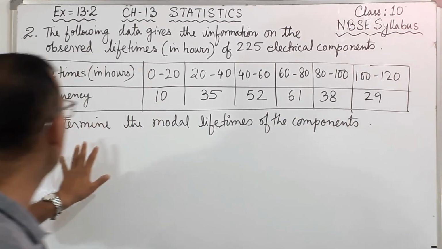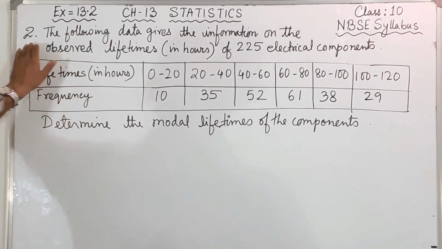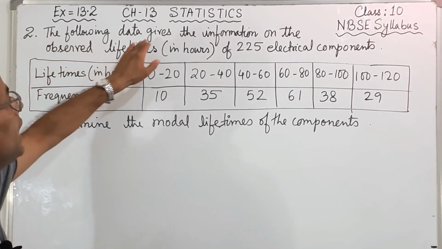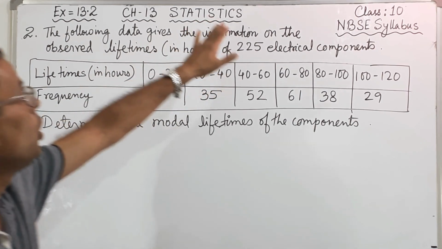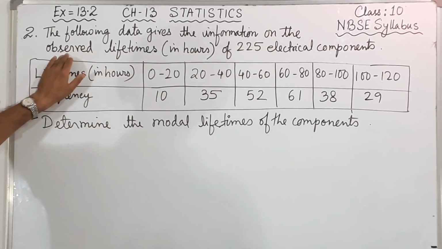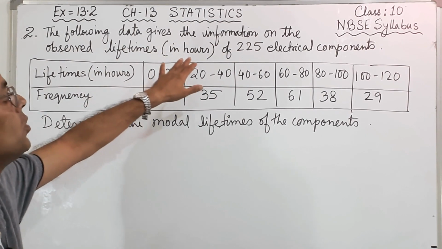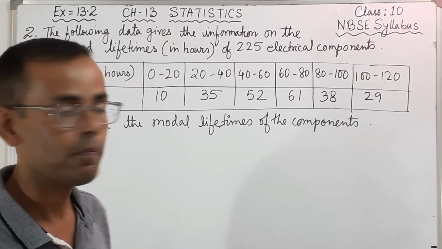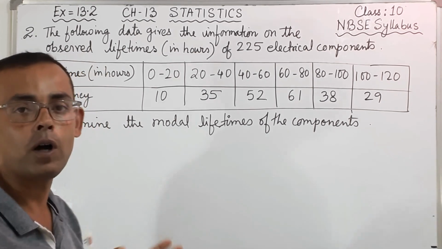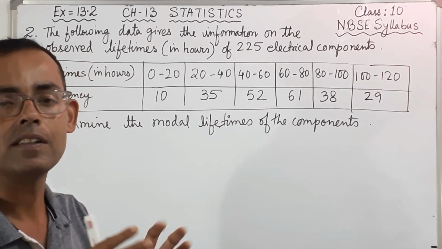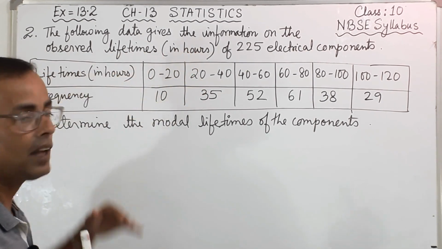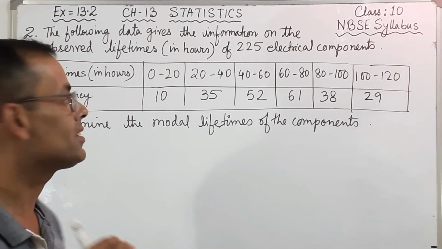Now let us come to question number 2. The following data gives the information on the observed lifetimes in hours of 225 electrical components. That means electrical parts, and their lifetime means how many hours they will last, is given.